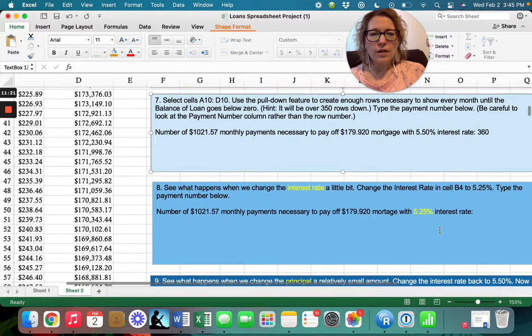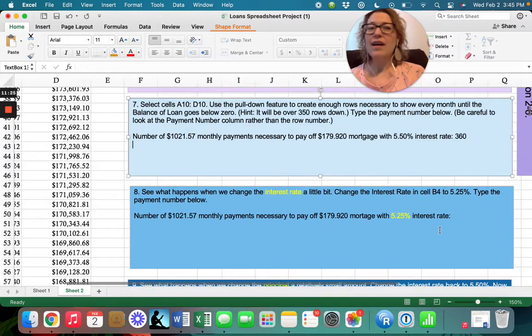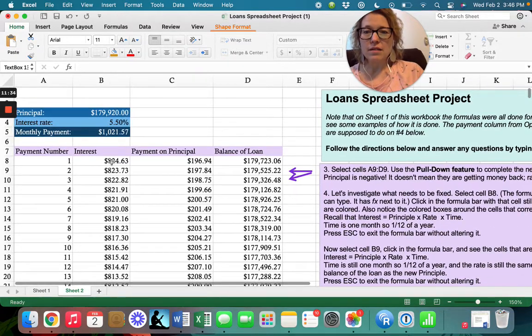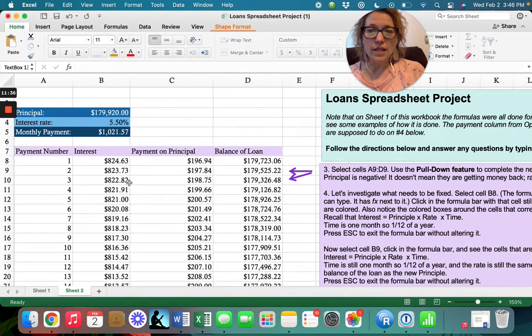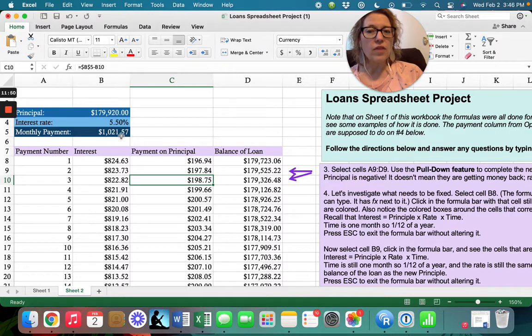Now, these other questions are going to compare what happens when we change details of this mortgage. When we made all these formulas here, I figured up interest using the rate, and here payment on principal, using this monthly payment box.